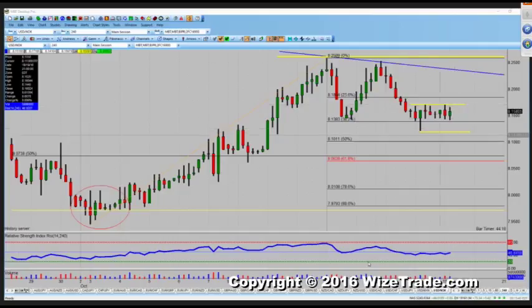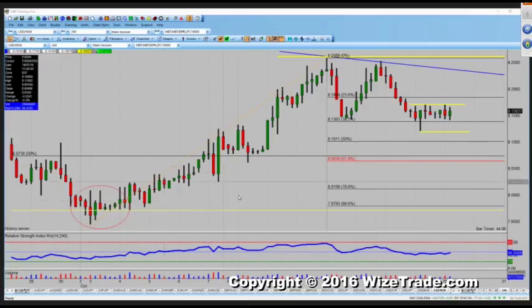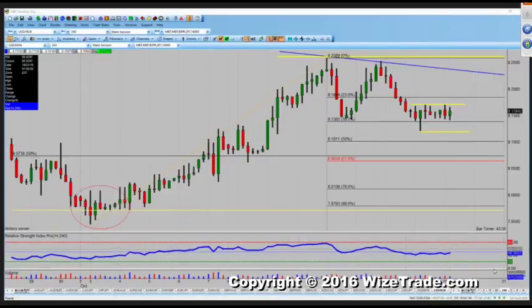812, 817, or range. Swedish krona. I'm long.